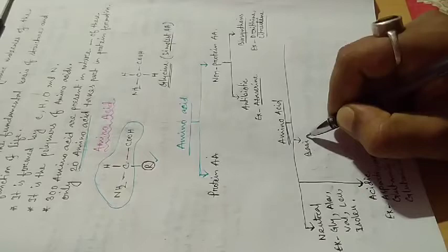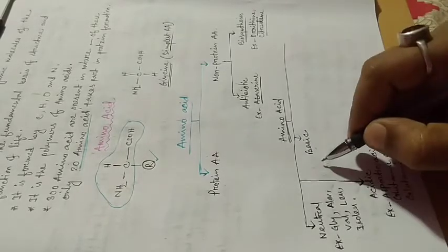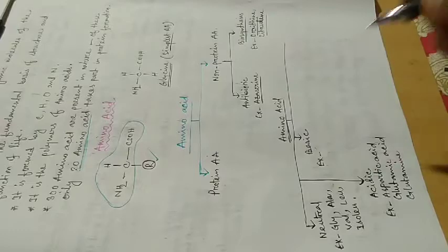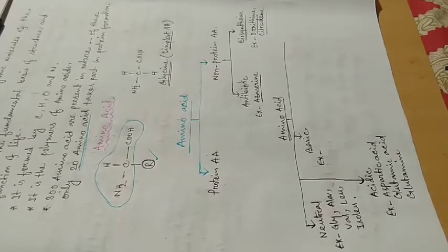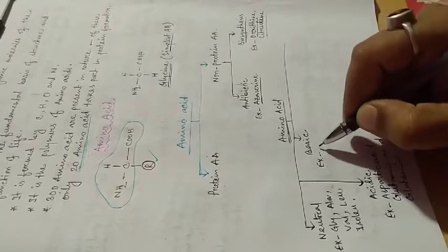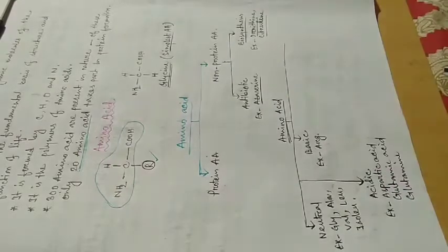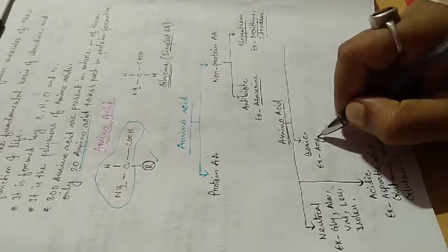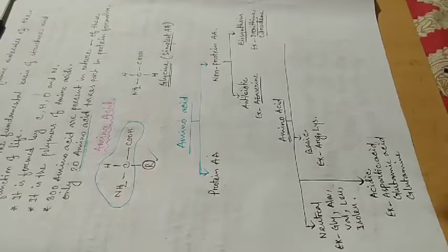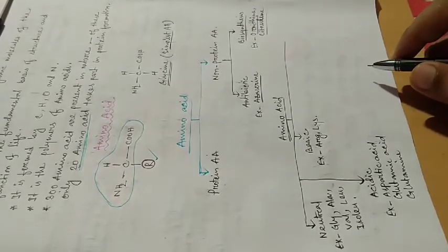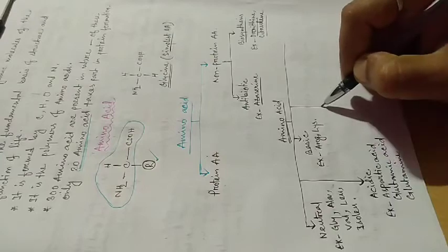basic amino acid. Basic amino acid means those amino acid which contain an extra amino group. So those amino acid contain two amino group and a single carboxyl group. As example, arginine, lysine, etc. These are the basic amino acid. Then sulfur containing amino acid.